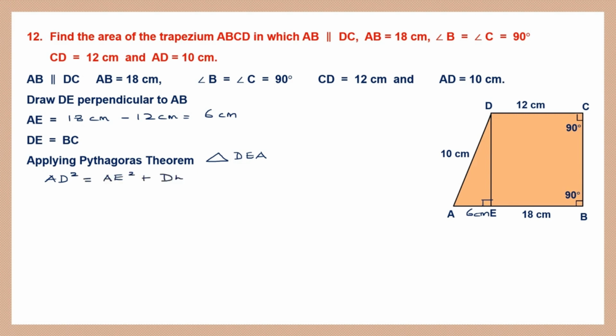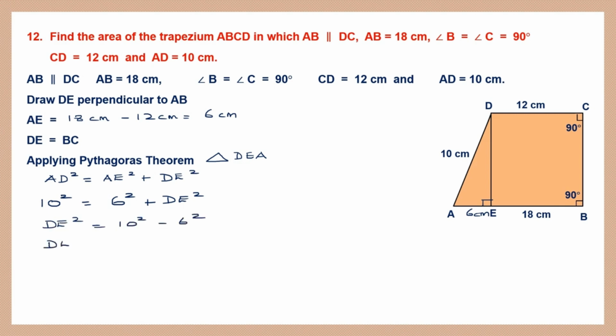Now let's substitute wherever we have values. AD is 10 centimeters, so 10 square is equal to AE, which is 6 square, plus DE square. DE we don't have, so we leave it as DE square. So to find DE square, we say 10 square minus 6 square.